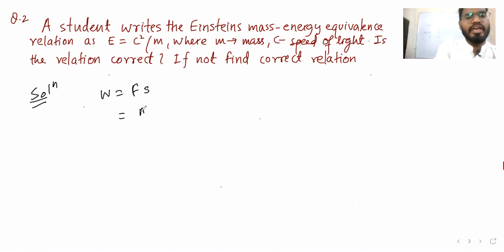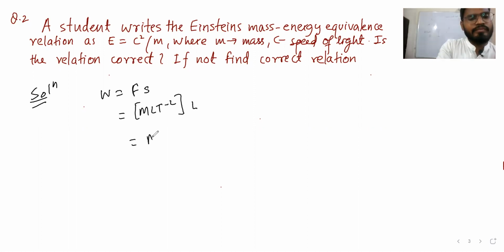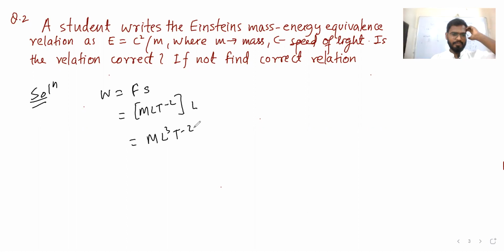Force is what we know, M L T to the power minus 2. Displacement is L. So M L square T to the power minus 2. That is what we got. Energy, correct? Yes, ML2T to the power minus 2 is equal to work.